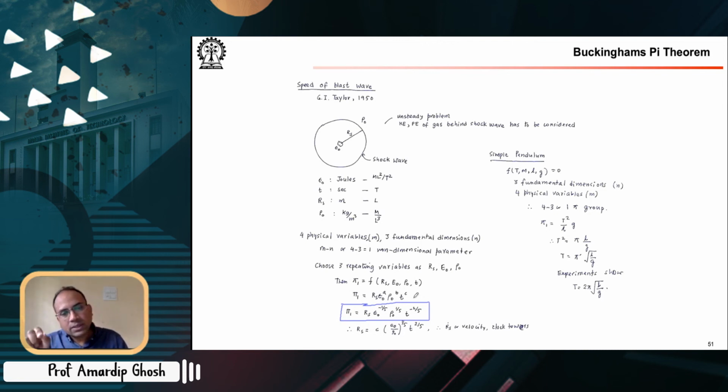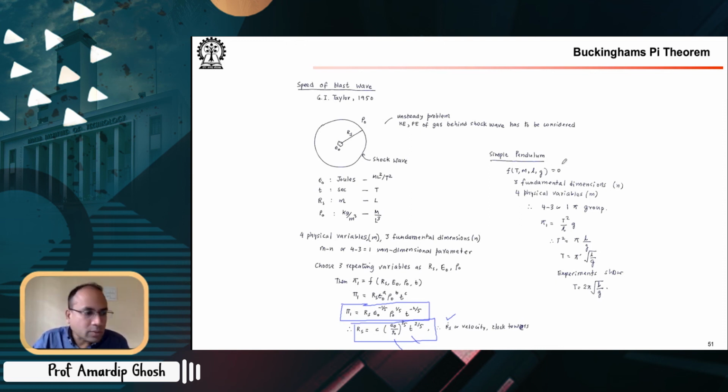By using the time difference and the rs difference, your pi1 could be calculated, and that gives you the functional relationship between rs as a function of these other variables. And of course, since you have rs versus time, you can get rs dot or velocity, etc.